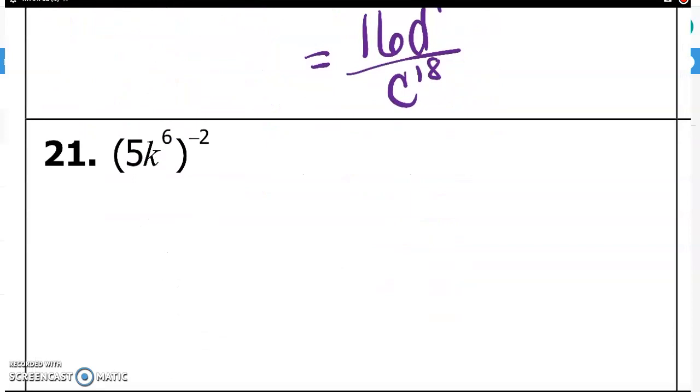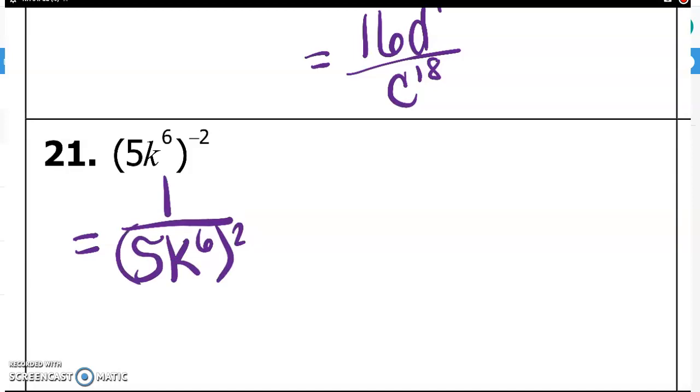Number 21 is really tricky. What I would recommend doing is taking this whole thing to the bottom. So it looks like that. If you have a whole exponent to a negative, or a whole set of parentheses to a negative exponent, take the whole thing down to the bottom.